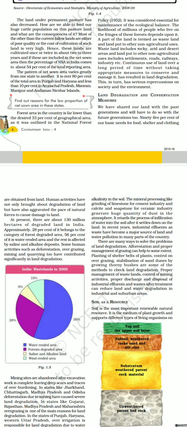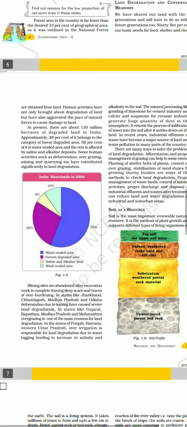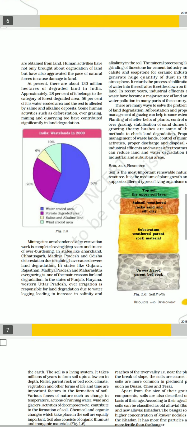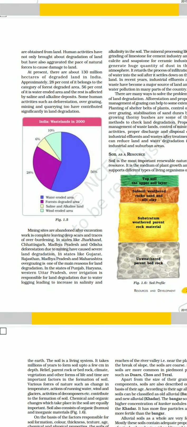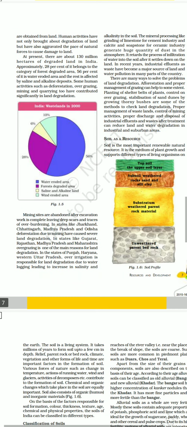Now let's move on to the last topic of this chapter, that is soil. As I said, after land, soil is the important resource, and soil is a renewable resource.